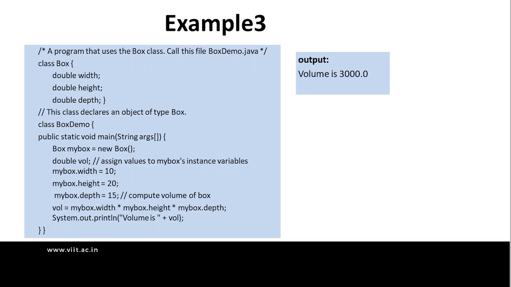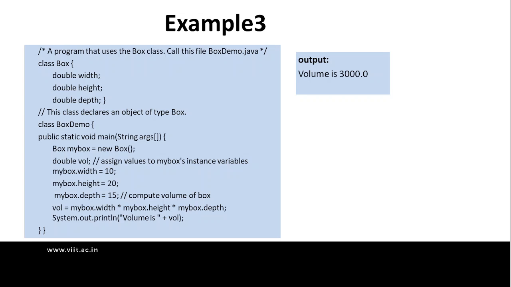So that we can have example 3. We can have a class, that class is Box, with variables like width, height and depth, and class Demo has a main method.